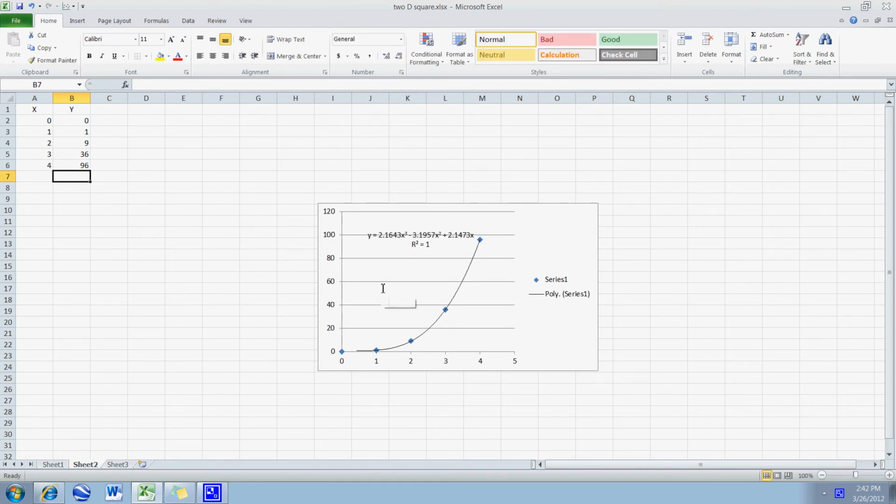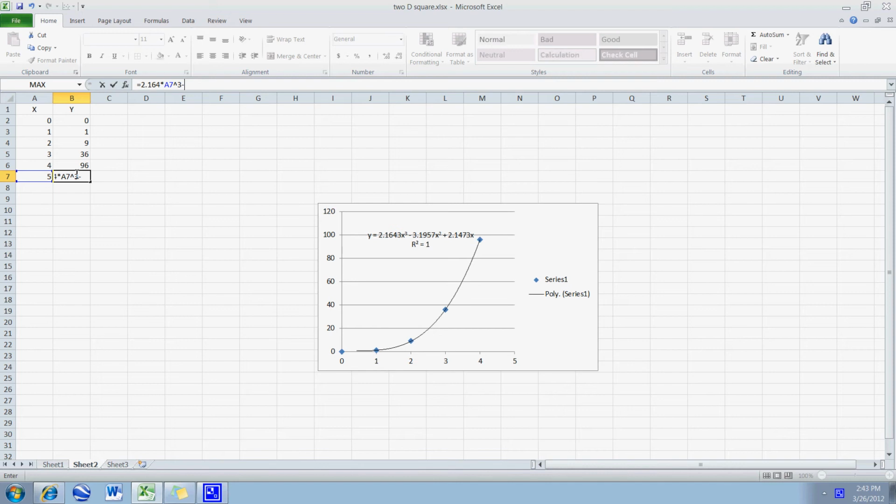Okay, so let's put a 5 here. And then we're going to say equals 2.164 times this number cubed. I didn't put times. Thanks, Charlie. Times this number cubed. I have a feeling it's not going to be an integer.